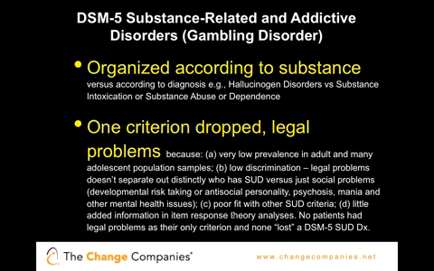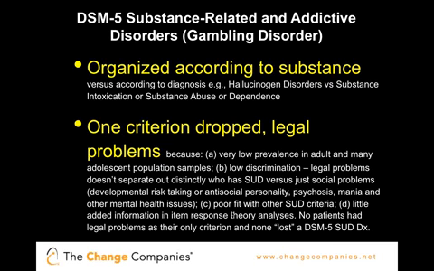And then there was a poor fit for legal problems with the other diagnoses, and you didn't really lose anything if you took legal out in terms of missing people who had substance use disorders, because usually they had other criteria that would get them into a substance use diagnosis. The legal problem wasn't the deal breaker.